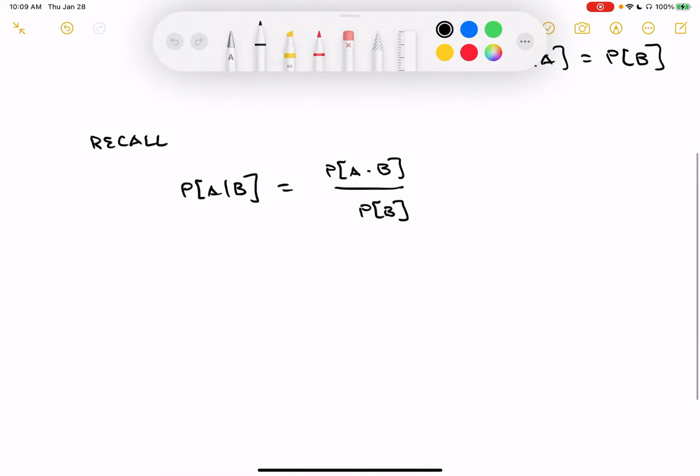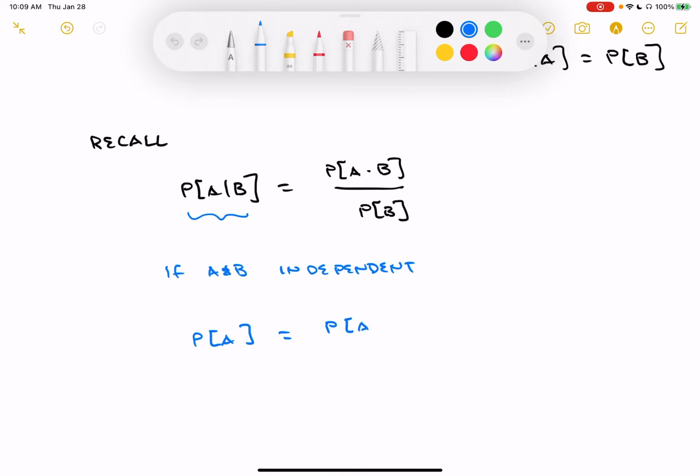We know that if A and B are independent, what do we know? I know that the probability of A given B can be represented as probability A. And it's still going to be equal to the probability of A intersect B over the probability of B, which I can rewrite by solving for that intersection probability.